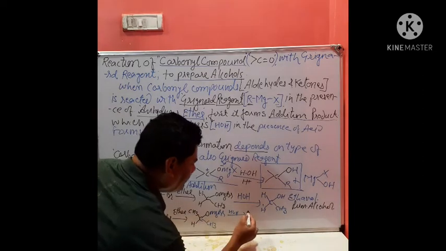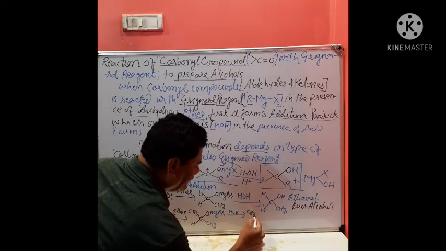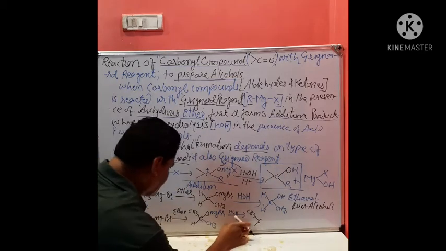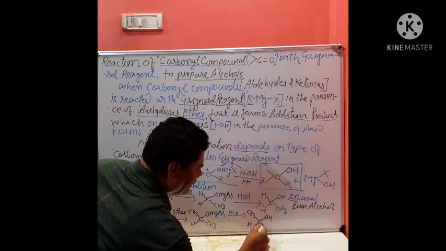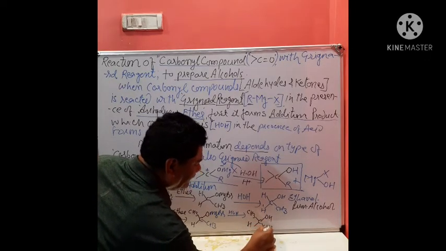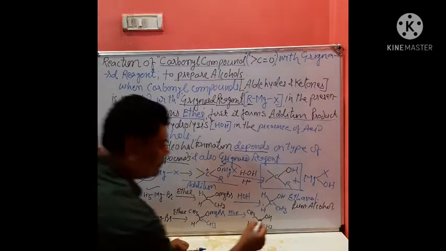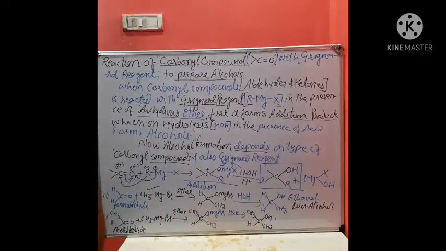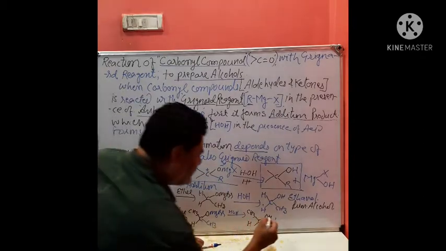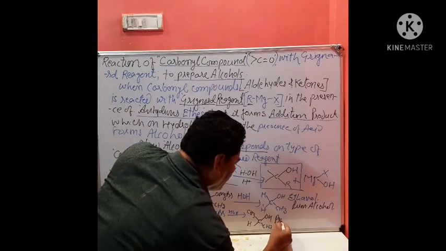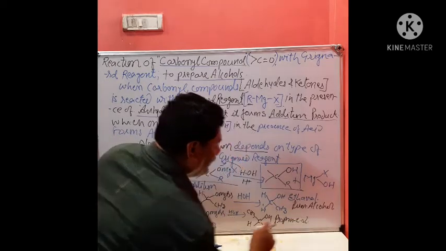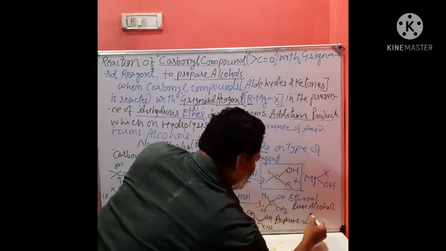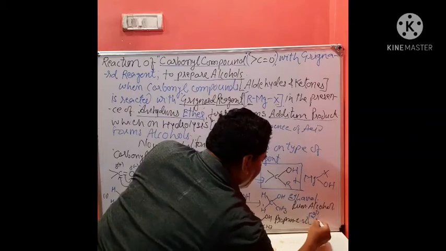The final product will be CH3, C, H, OH, and CH3. That means propan-2-ol. And propan-2-ol is a secondary alcohol.